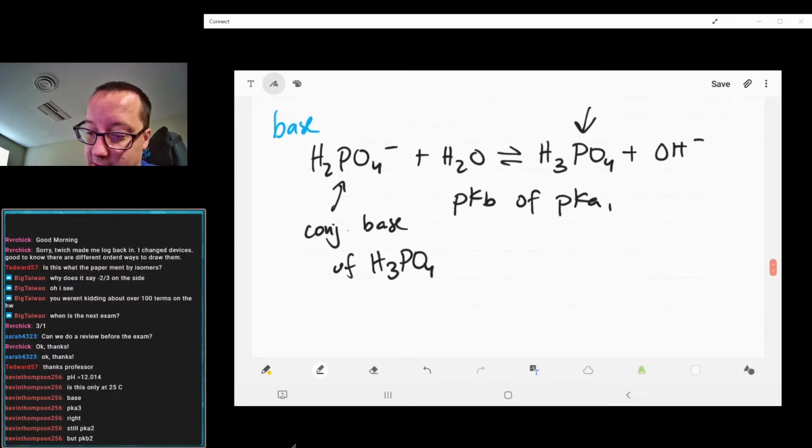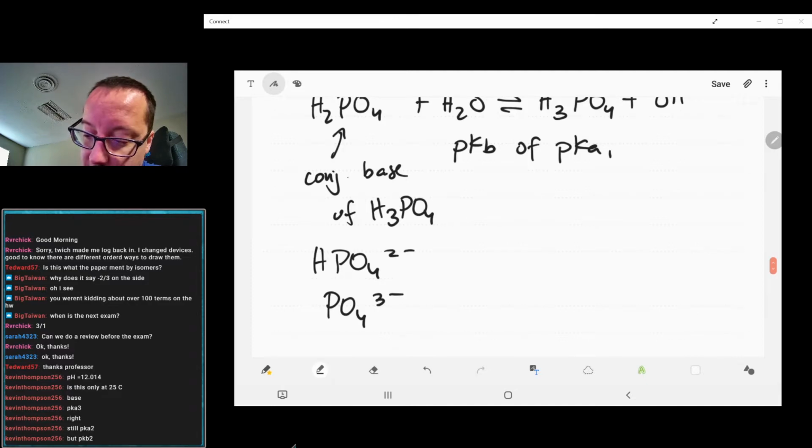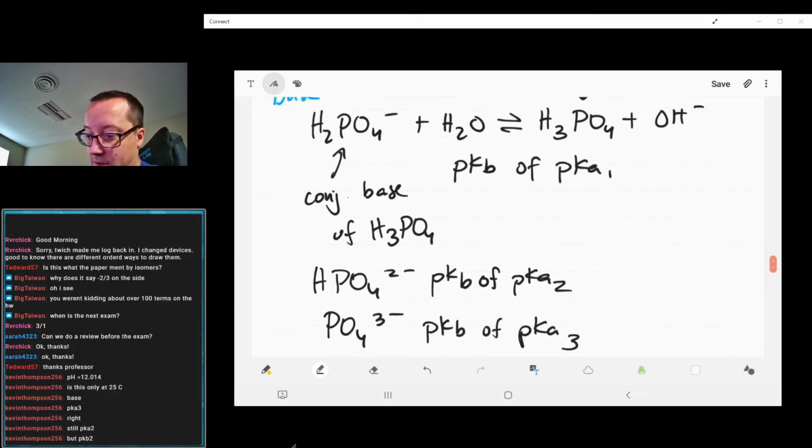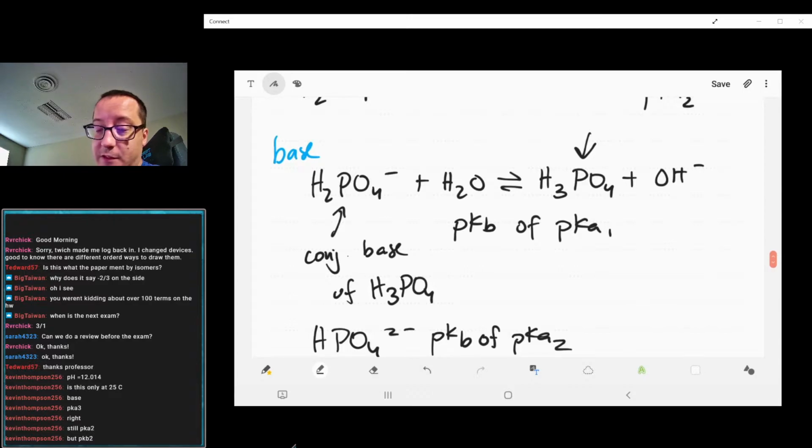This one and then this one, that's where those other two would come in, because we're looking at the conjugates here. All right, I know lots of letters and numbers here can get confusing. So this one is the reverse reaction, the base reaction of pKa1.